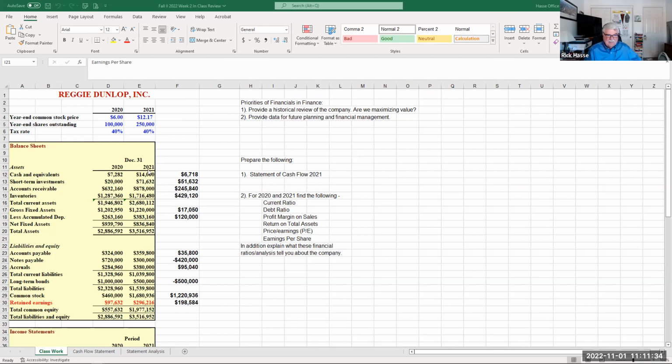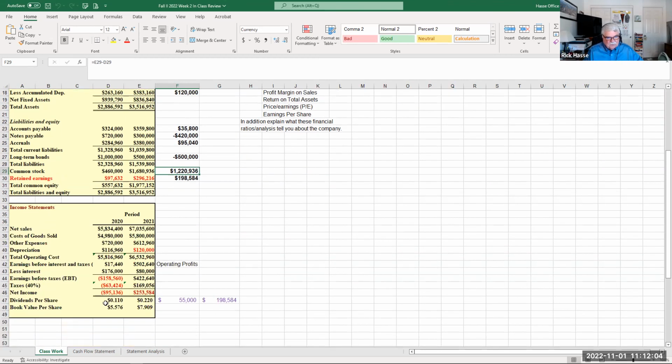And you can see that in the common stock line of the balance sheet. It went from $460,000 to $1,680,000. That's a delta, a change of $1,220,000. So they increased their equity position in 2021 by issuing to the market 150,000 shares of stock and got cash $1,220,000. We'll see that in the cash flow statement.